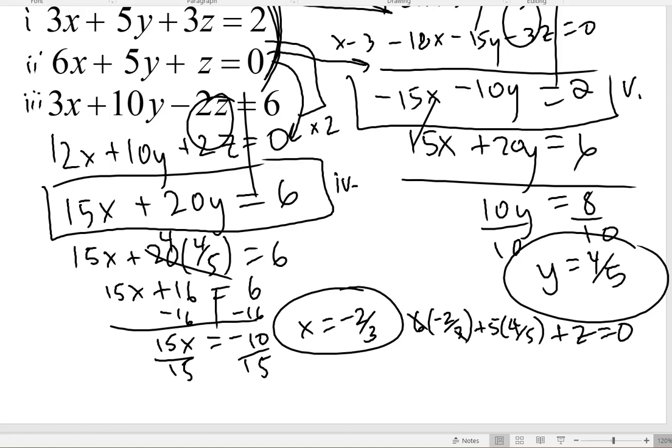This cancels, making that negative 4. This cancels, leaving us with plus 4 plus z equals 0. I get z equal to 0.